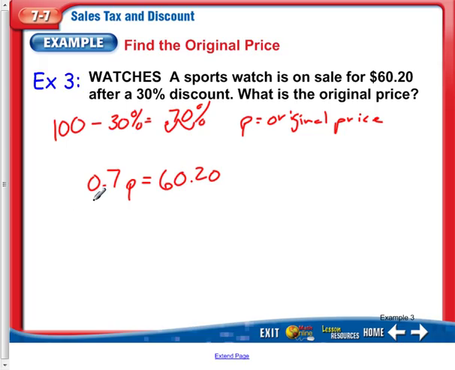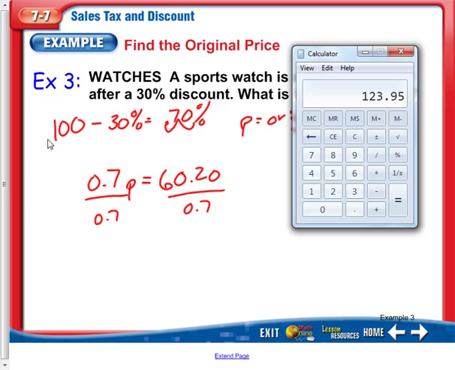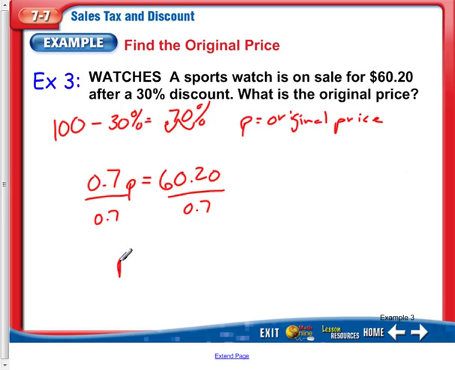All right, so what we're going to do here is we're going to divide both sides by 0.7 because we divide by the coefficient. So let's see what happens in our calculators when we do this. So we'll go $60.20 divided by 0.7, and that's going to be $86. So P equals $86.